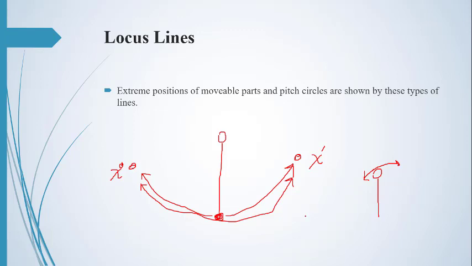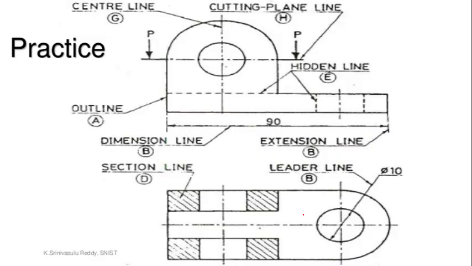If we see the handbrake of a car, it also moves to and fro. So the line that may be used for those movements is known as a locus line.